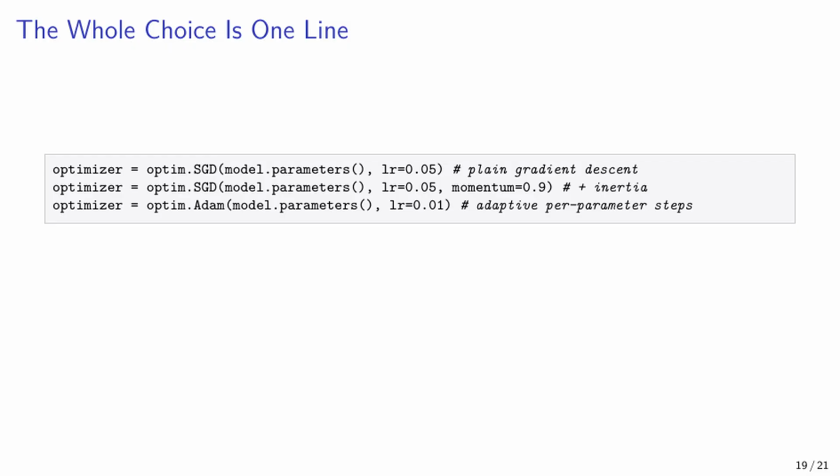In code, the whole choice is one line. Plain gradient descent is optim.SGD with a learning rate. Add inertia by passing momentum equal to 0.9, or switch to optim.Adam for adaptive per-parameter steps.